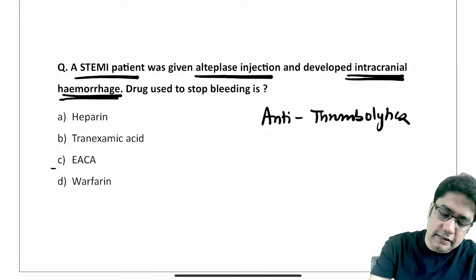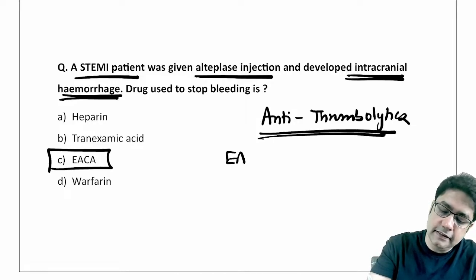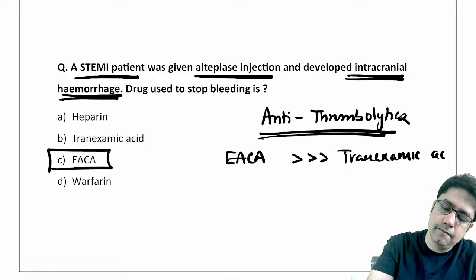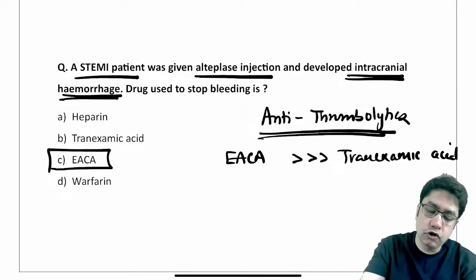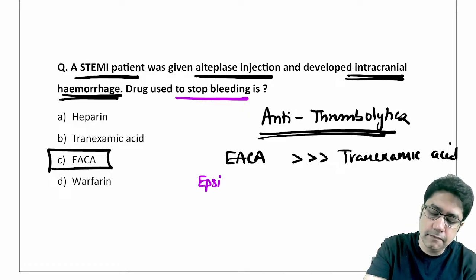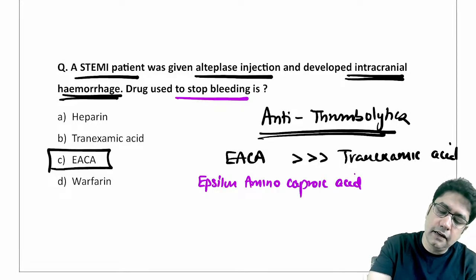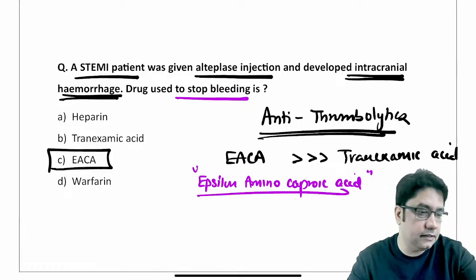The drug of choice is EACA. So EACA is the drug of choice, but you can use another drug, tranexamic acid. So antifibrinolytic drugs are given to stop bleeding due to thrombolytics. EACA stands for epsilon amino caproic acid. Another drug which can be used but is less effective is tranexamic acid.